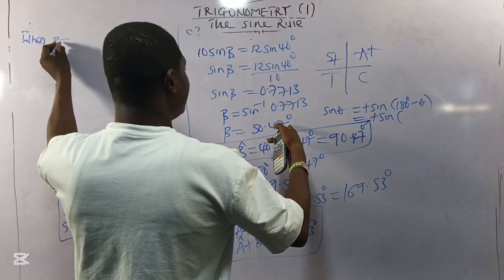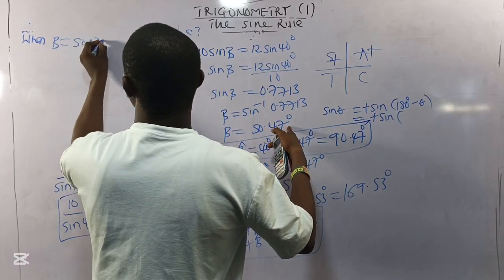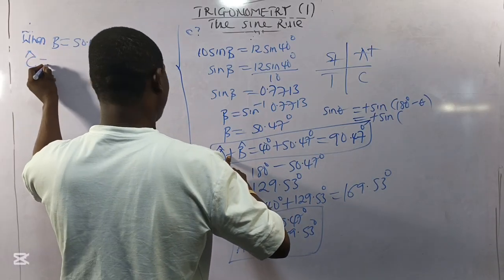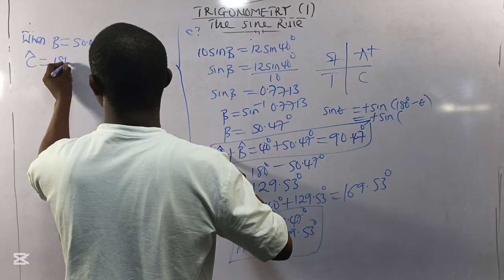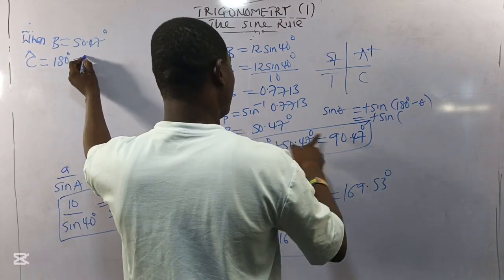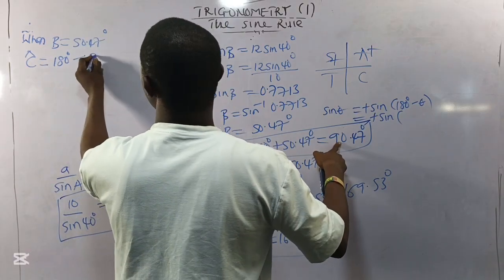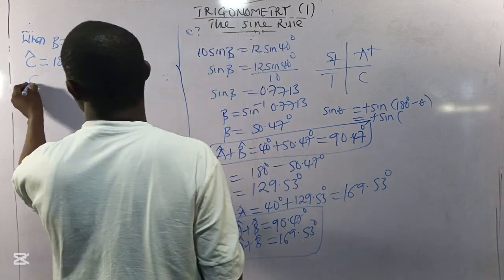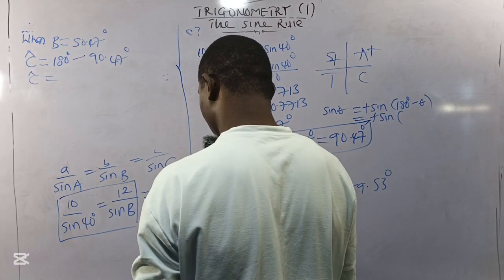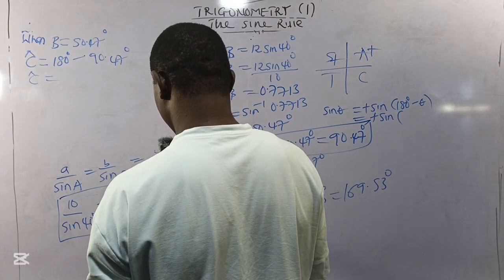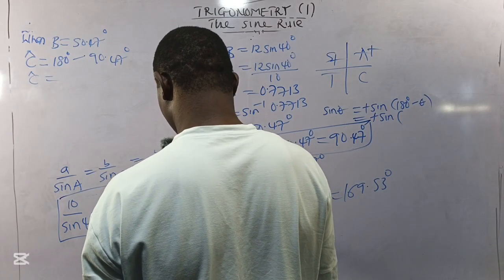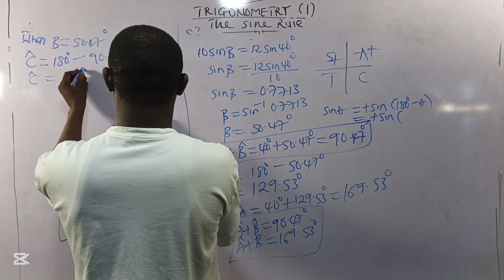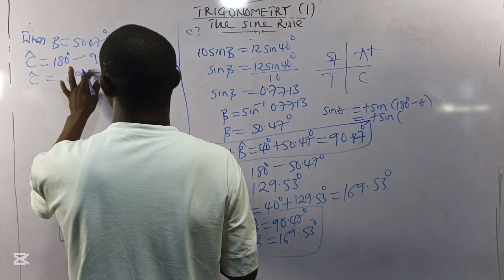When B is equal to 50.47 degrees, my angle C will be equal to 180 degrees minus 90.47 degrees. And my angle C will be equal to 180 minus 90.47, which will give me angle C to be 89.53 degrees.